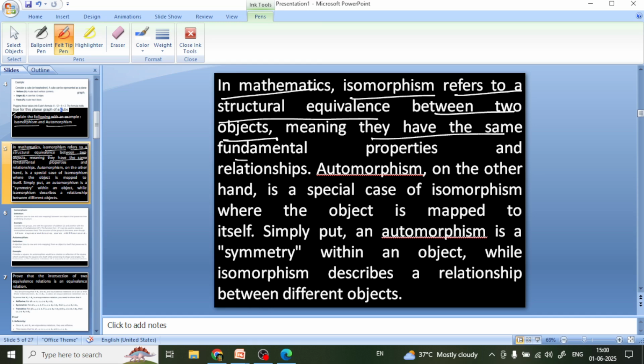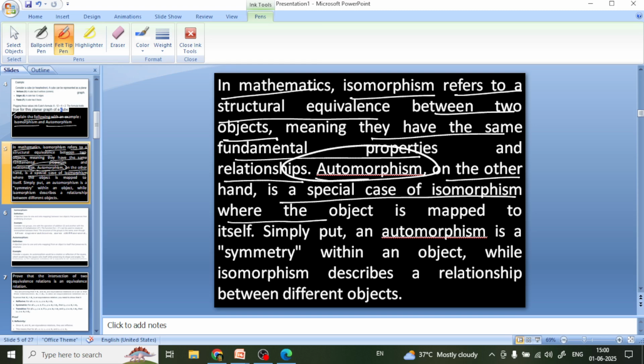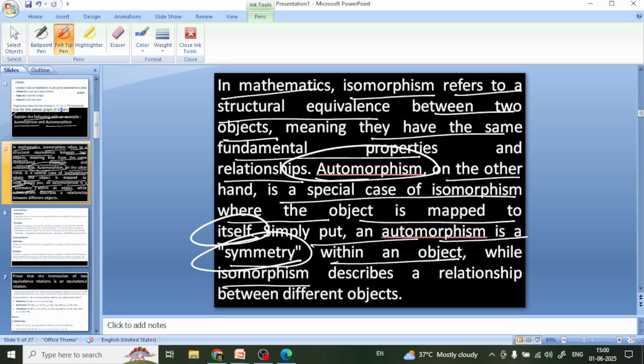They have the same fundamental properties and relationships. Automorphism, on the other hand, is a special case of isomorphism where an object is mapped to itself. Simply, we can say automorphism is a symmetry within an object, while isomorphism describes a relationship between different objects.